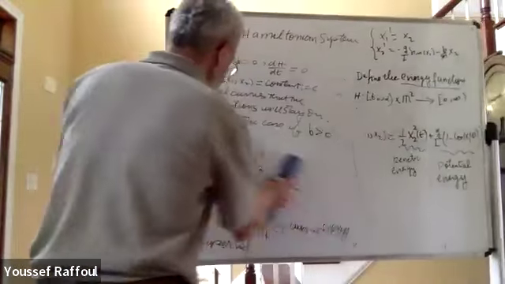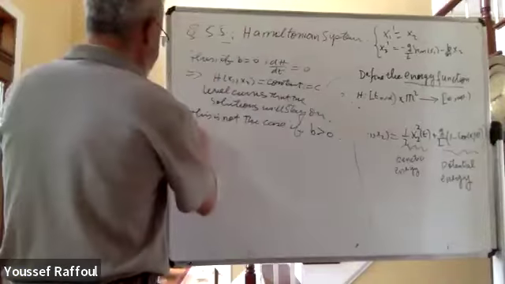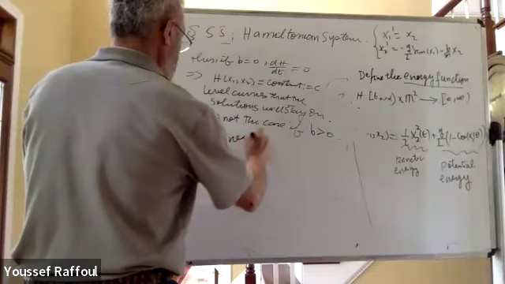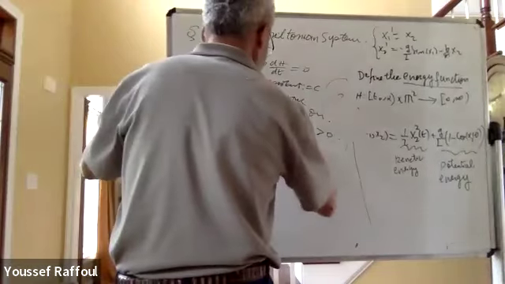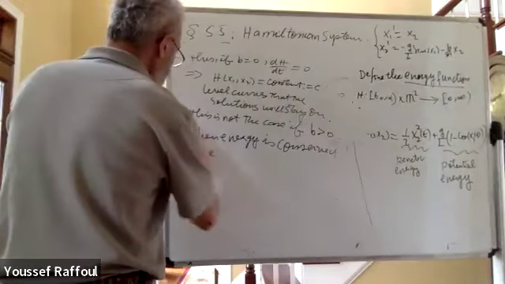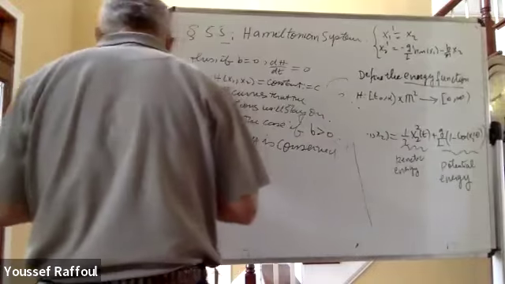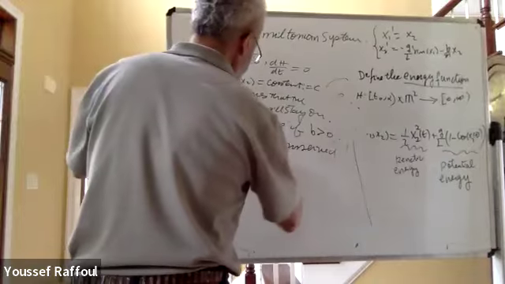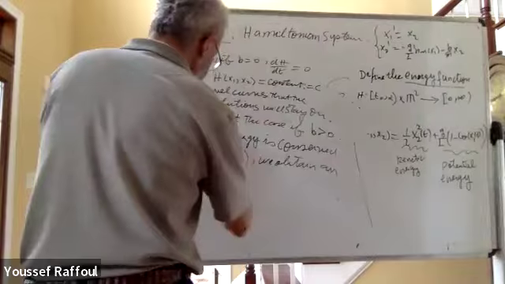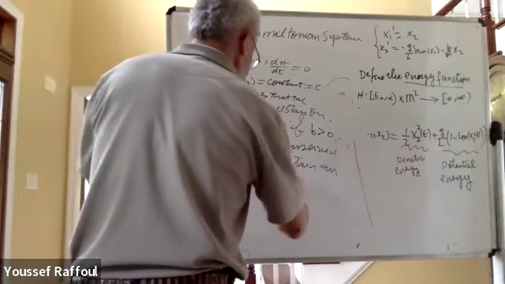So when energy is conserved here, B equals 0, okay, we obtain an example of a Hamiltonian system.